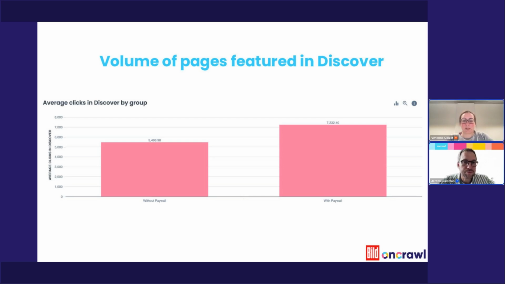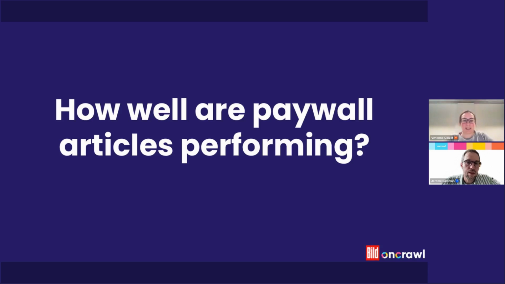That there are so many more average clicks from articles in Discover with a paywall than without a paywall, definitely. It's very impressive. Not only do they exist in Discover, but they also generate clicks. That's awesome. And how well are they performing?